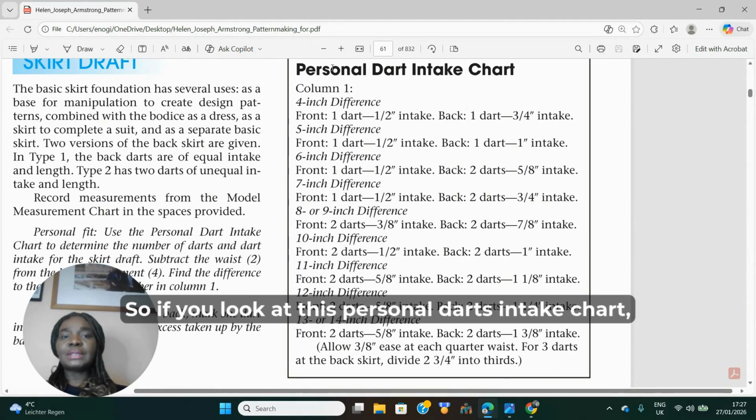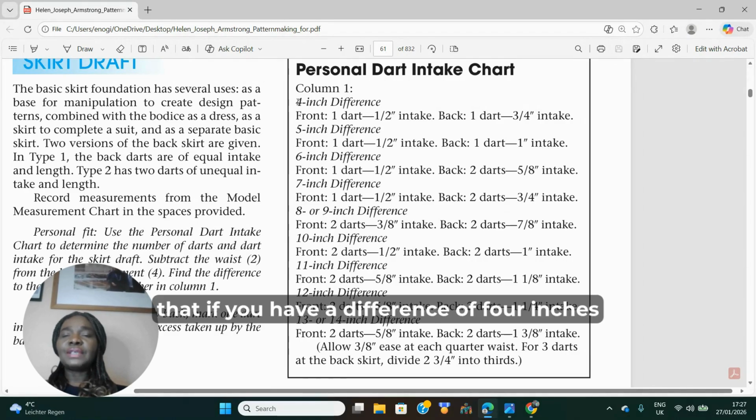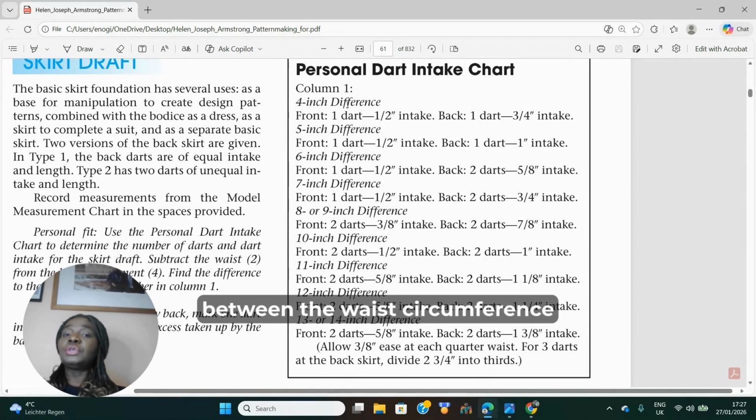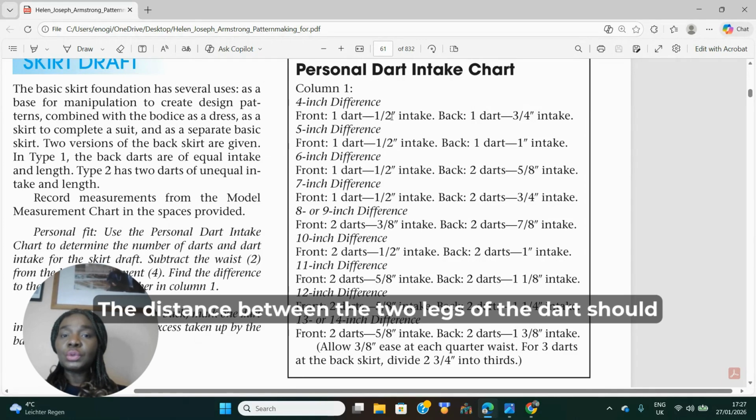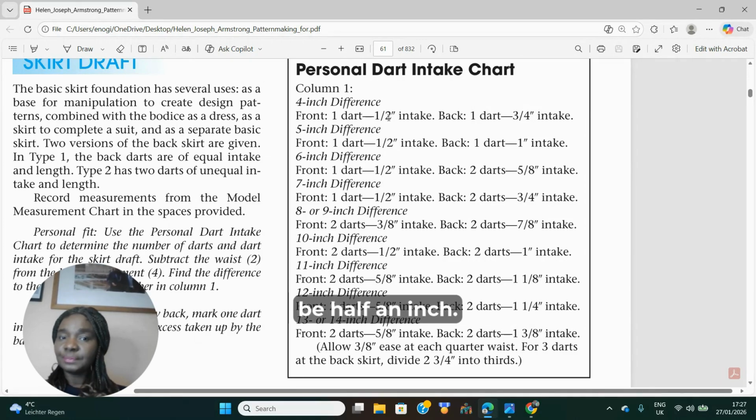So if you look at this personal dart intake chart, you can see here that if you have a difference of 4 inches between your waist circumference and your hip circumference, you use one dart for your front. The distance between the two legs of the dart should be half an inch.